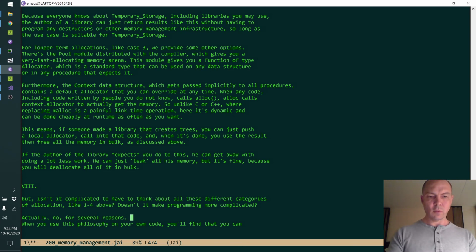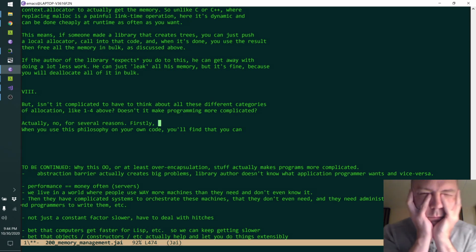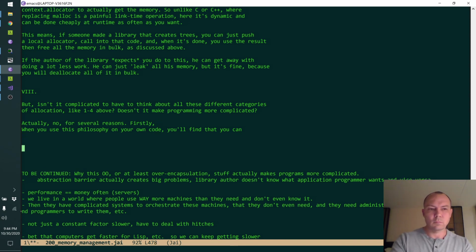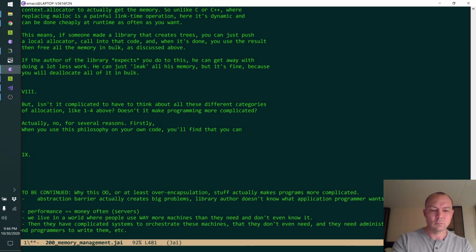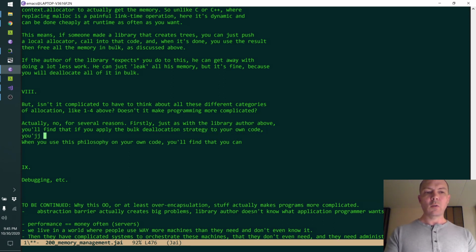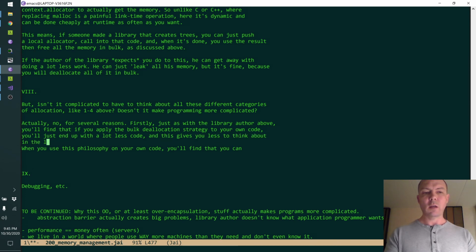Firstly, when you apply the bulk deallocation strategy to your own code, you'll just end up with a lot less code, and this gives you less to think about in the long run.